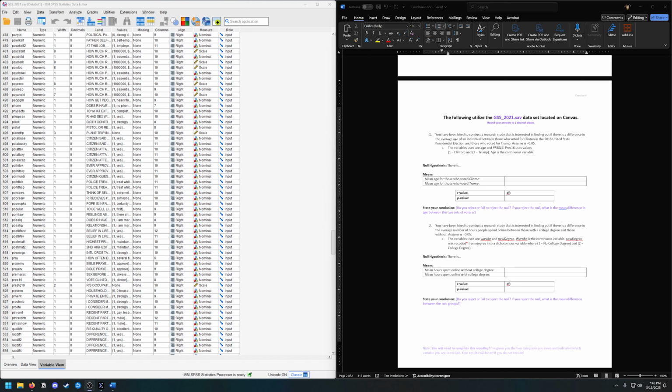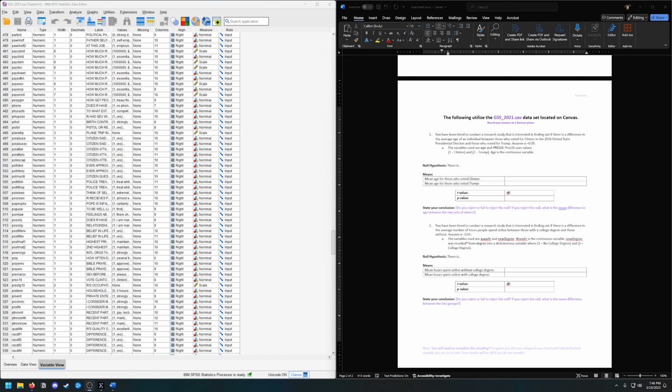Very briefly, you can obviously read the whole thing in your textbook, but a t-test is a test where you are looking at the difference in means between two groups. T-test looks specifically at two groups. Next week, we'll start with ANOVA, and that looks at more than two groups.